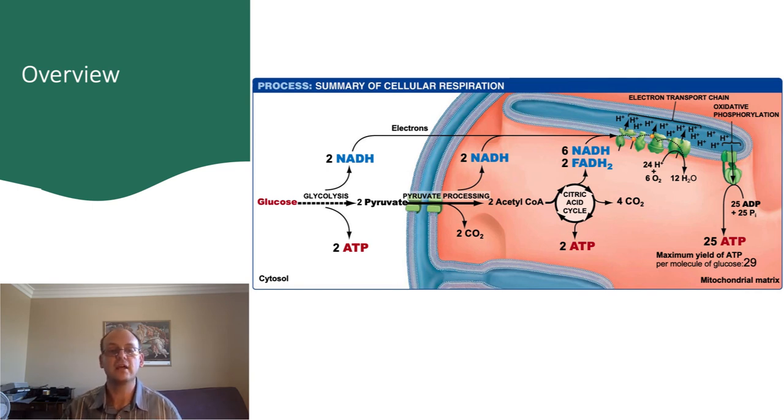The free energy contained within the glucose molecule is gradually stripped away, but much of the energy is saved for use by the cell, either in the form of ATP or, more commonly, in the form of one of the 2 high-energy reduced electron carriers, FADH2 and NADH. In the next presentation, we'll look at what happens to those electrons in the electron transport chain and how chemiosmosis is used to produce ATP by oxidative phosphorylation.